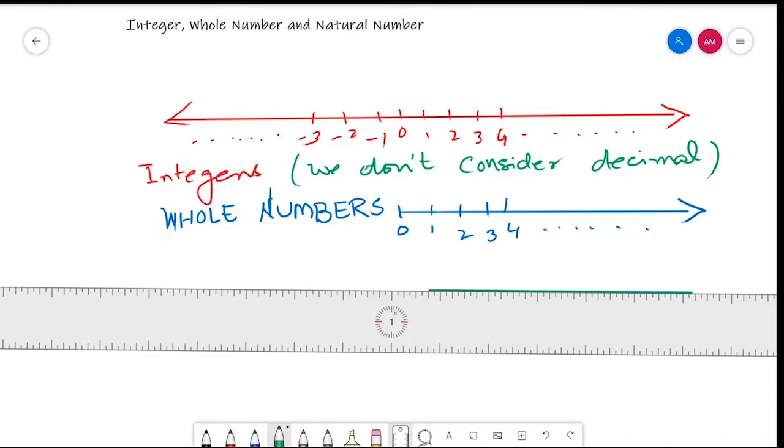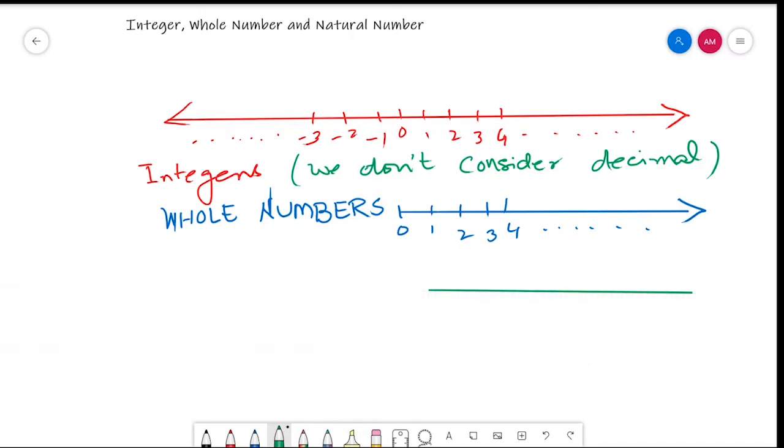I put the numbers 1, 2, 3, 4, and so on. So this is actually the natural number line.